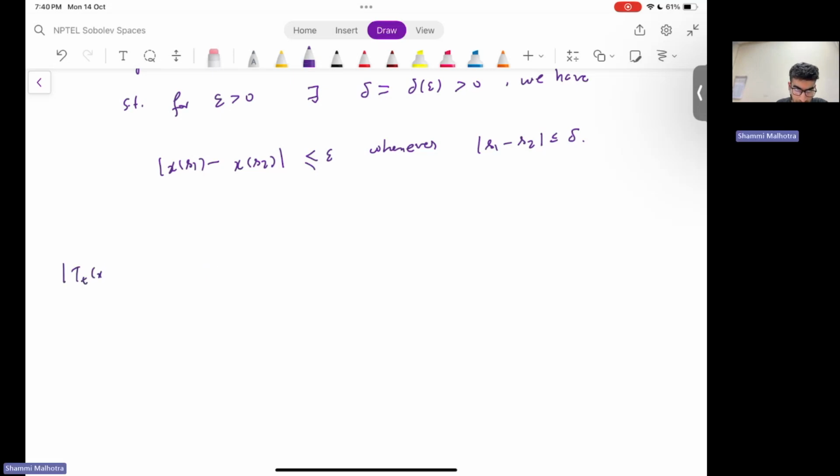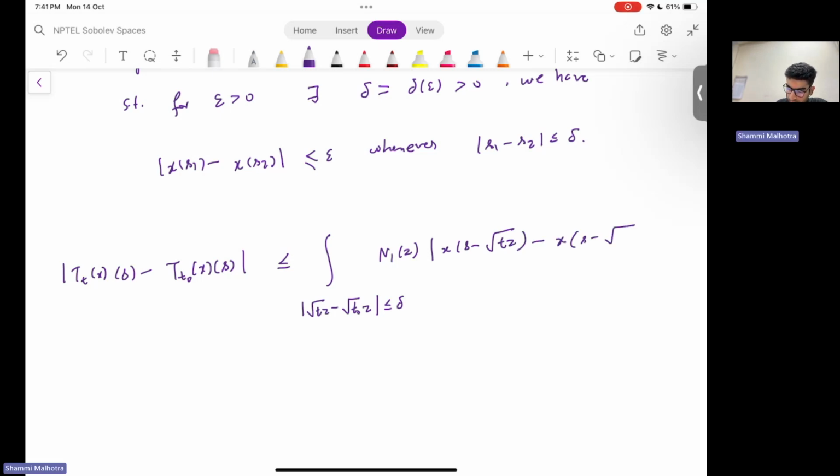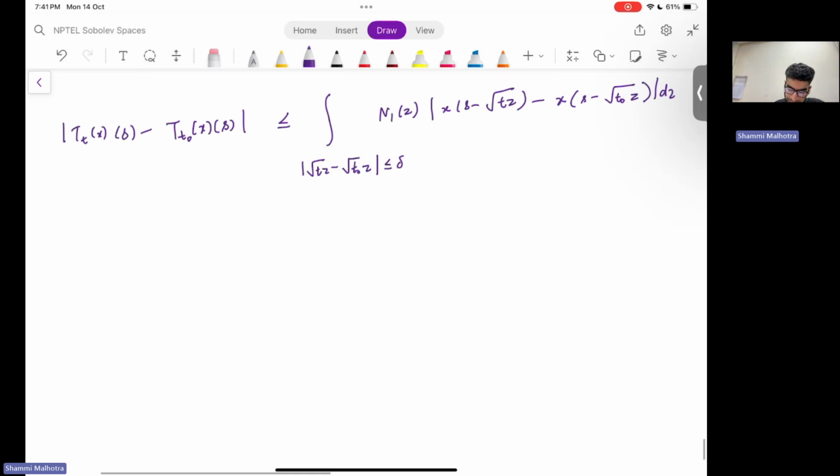So the modulus of T_t x(s) minus T_t naught x(s) is less than or equal to the integral over the region where the modulus of root t z minus root t naught z is less than or equal to delta of n_1(z) times the modulus of x(s minus root t z) minus x(s minus root t naught z) dz, plus the integral over the region where it is greater than delta of n_1(z) times the same quantity dz.